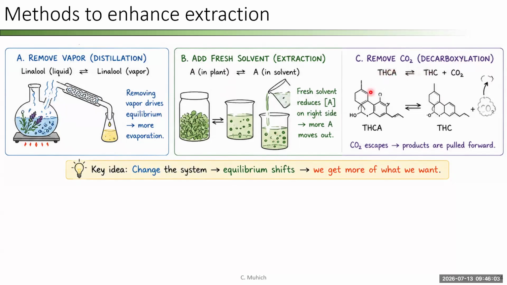If I have a gaseous product that's desirable, so if I want to turn THCA into THC and CO2, I can pull some sort of vacuum to remove that CO2 from the system to drive this reaction forward. Conversely, if I didn't want this reaction to go forward, I could pump CO2 into the container and it would push the reaction backwards, right? So the idea when we're doing these extractions is we want to change the system so that our equilibrium shifts and we can move compounds around.